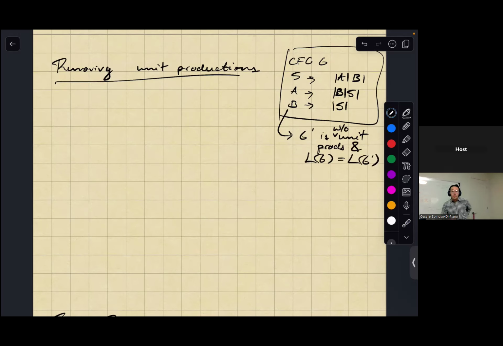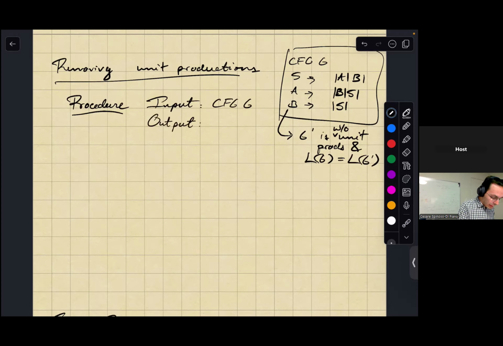Okay. So how are we going to do this? So here's the procedure. So again, we start with an input, a context-free grammar G, and as an output, another context-free grammar G prime.